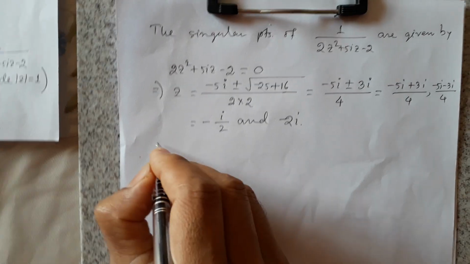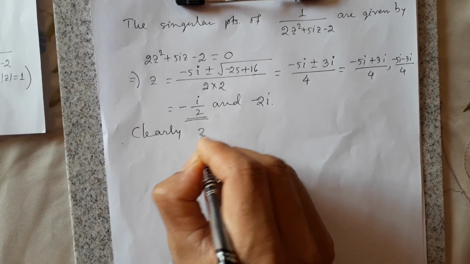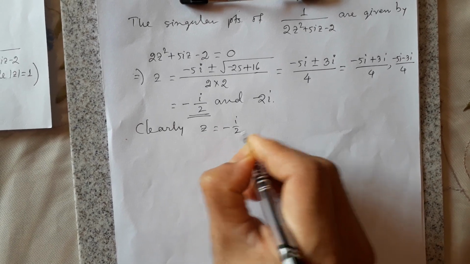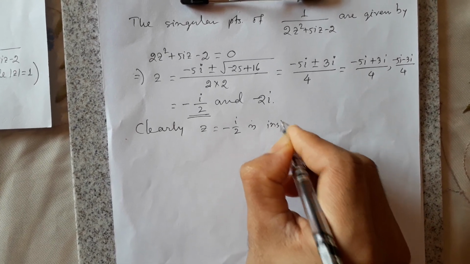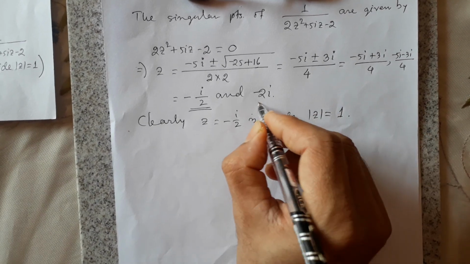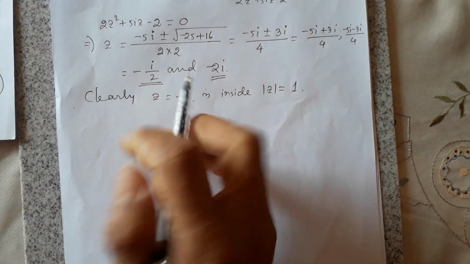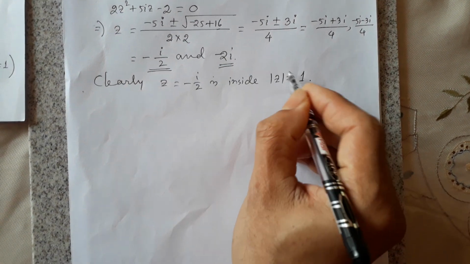Now clearly the root z equal to minus i by 2 is inside mod z equal to 1. The other root, minus twice i, is outside because its modulus is 2 and our radius is 1, while the modulus of minus i by 2 is half, so it is inside.